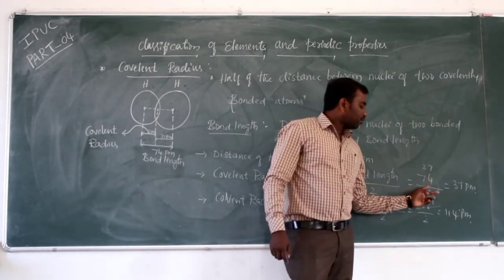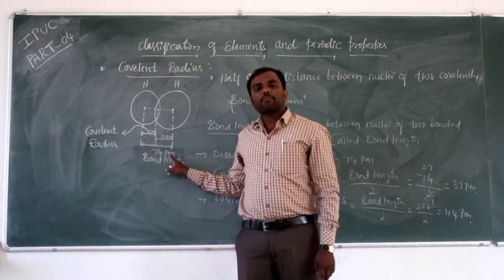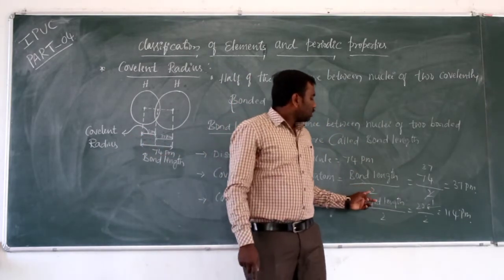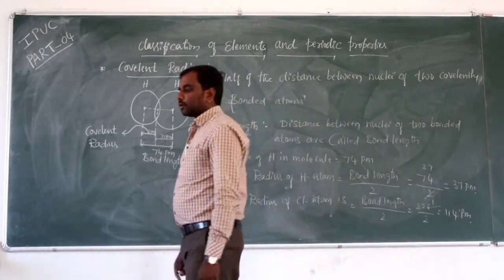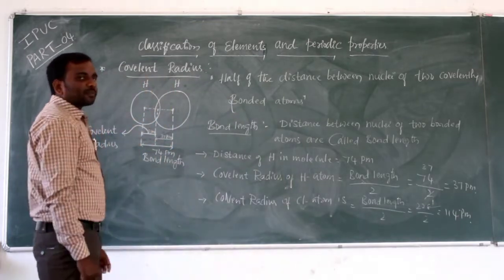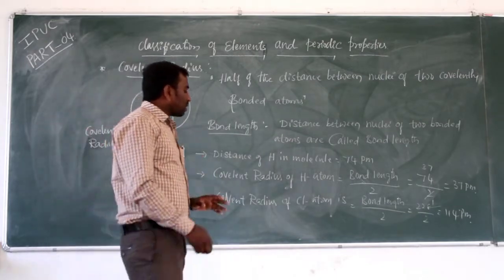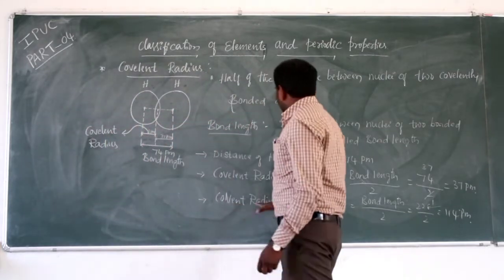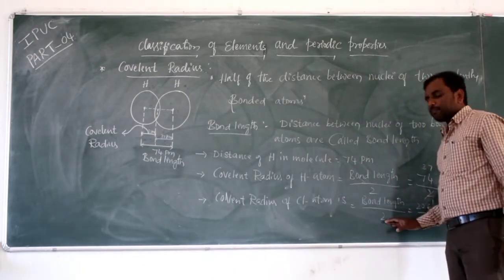Is equal to 74. Here its bond length, for example, 74 picometer, if we take, see here, divided by 2 is equal to 37 picometer. Suppose in case these two hydrogen atoms are replaced by two chlorine atoms, right? See what happens, the covalent radius of chlorine atoms is bond length divided by 2.